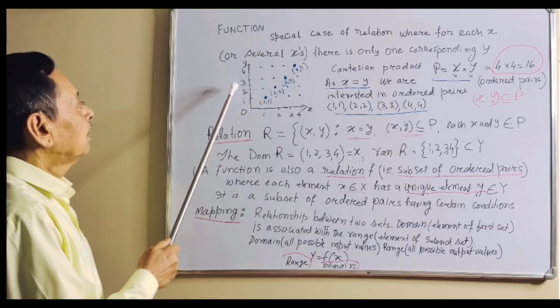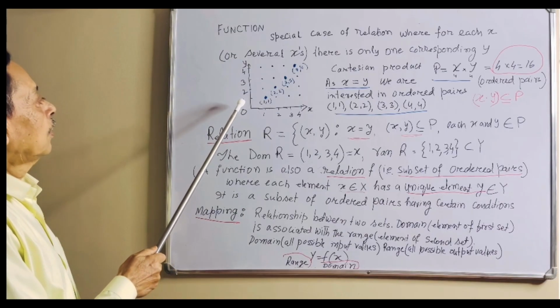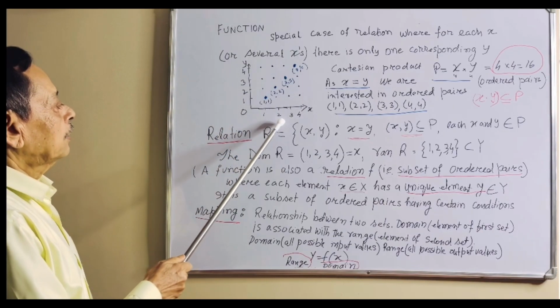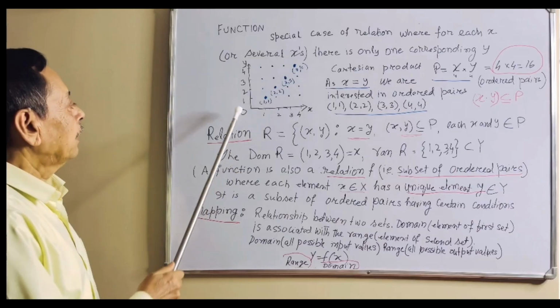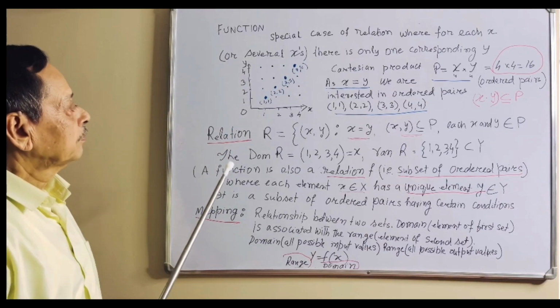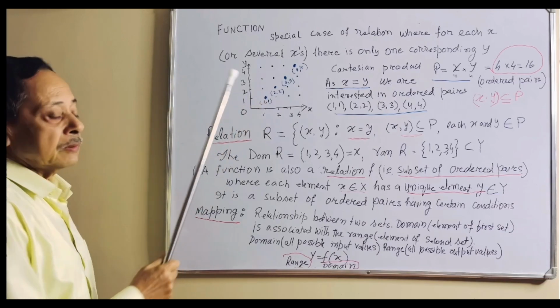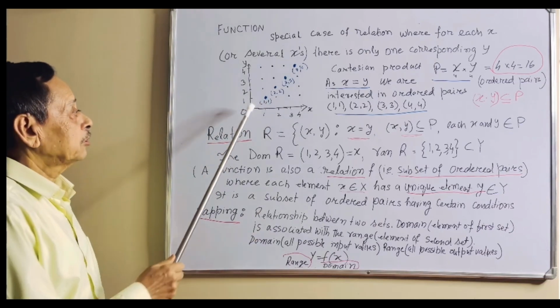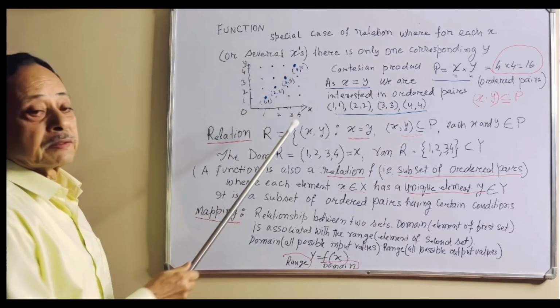Suppose there are two sets, x: 1, 2, 3, 4 and y: 1, 2, 3, 4. What are the possible pairs? There will be 16 pairs.